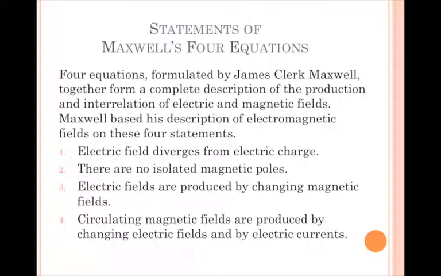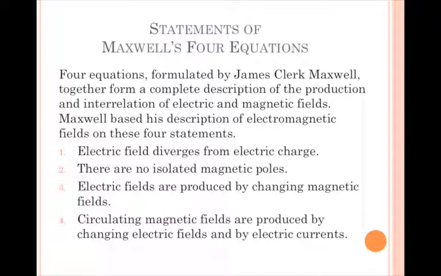And this has everything to do with the electron in an atom, as we discussed when we talked about electricity. This is that magnetic field change in the atoms. And fourth, circulating magnetic fields are produced by changing electric fields and by electric currents.